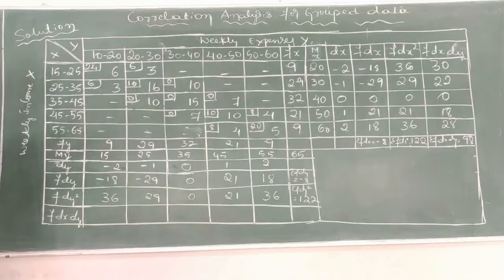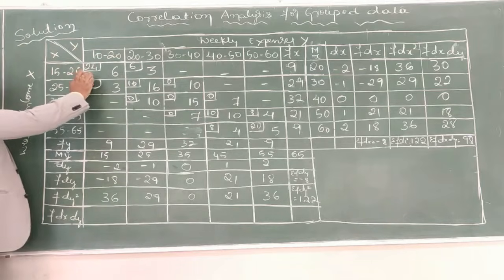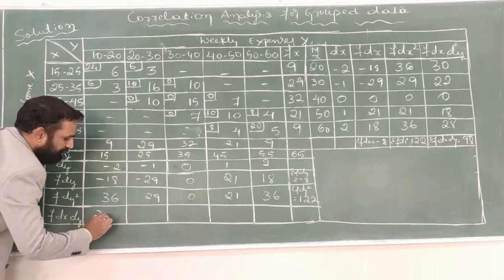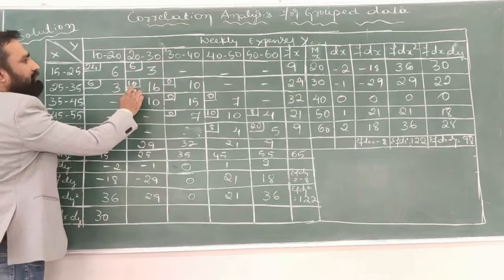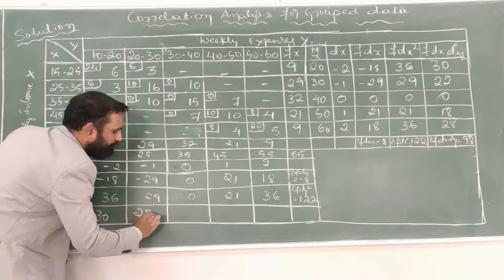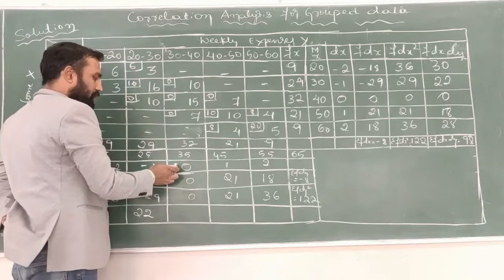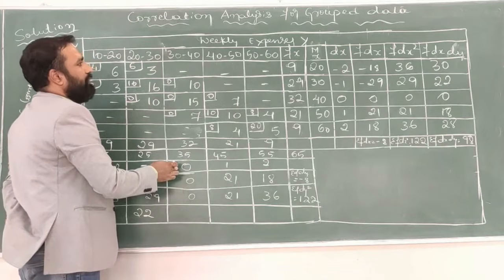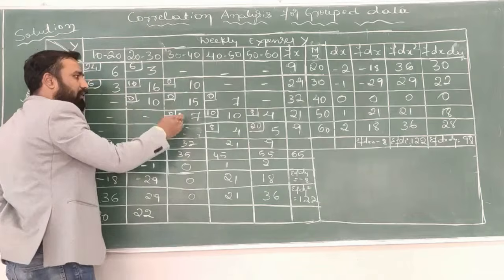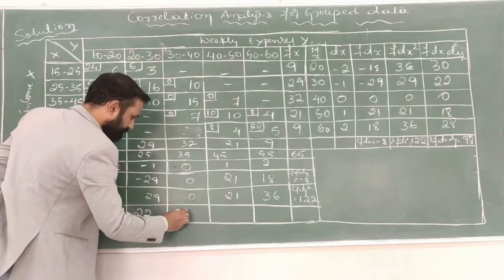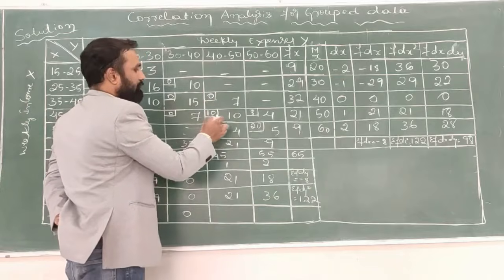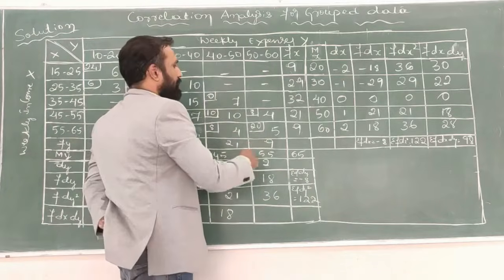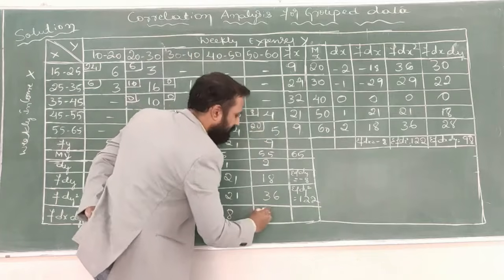The next, same as before, we have to find the value of f into dx into dy in the y variable part. 24 plus 6 is equal to 30. The next, 6 plus 16 is 22. The next, in this column the dy value is 0. If you multiply 0 into dx into f, automatically these column values will be 0. The next, here 10 plus 8 is 18. The next, 8 plus 20 is 28.